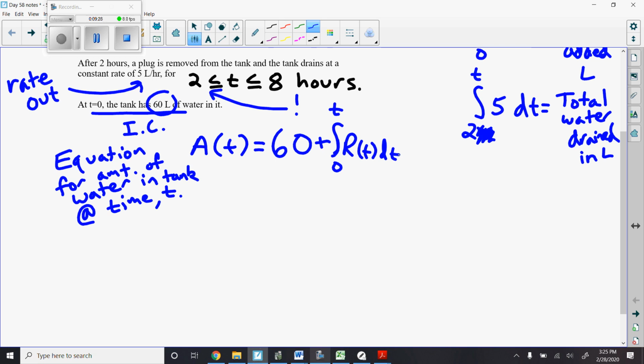Now I got the 60 that was in there, plus I accounted for all the water that was added from 0 to whatever time I want. But then I have to subtract all of the water that was drained, right? So it's initial condition plus integral of rate in, and it's going to be minus integral of rate out.